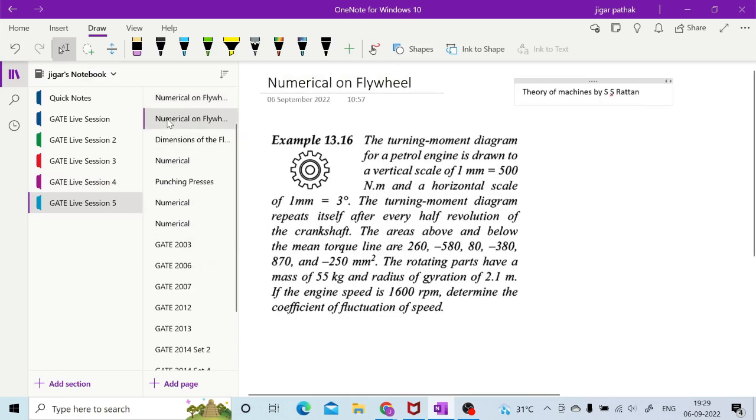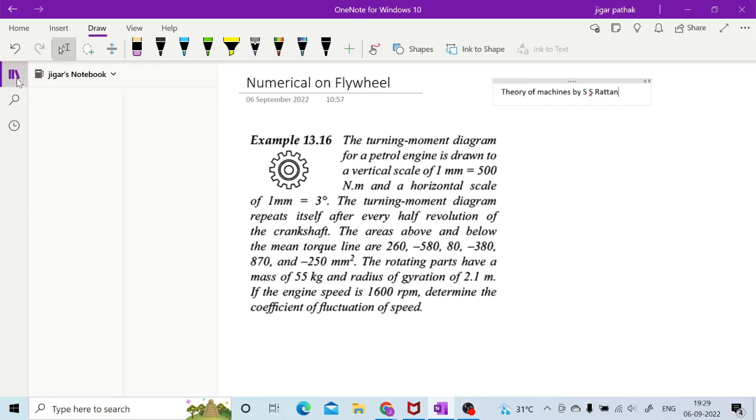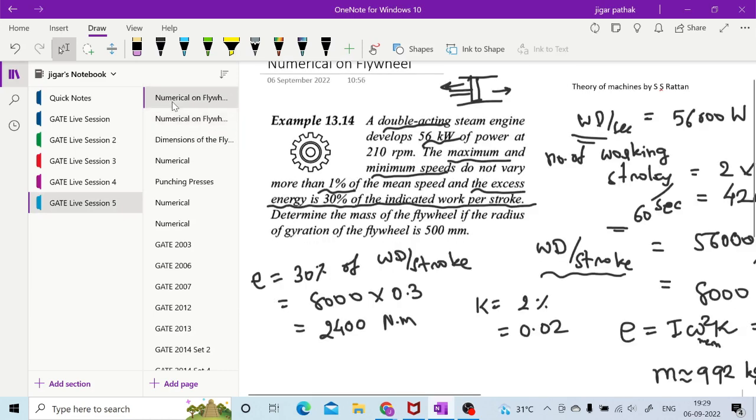Sir, can you explain when we have to take the coefficient of fluctuation of speed as 2% since it is about the mean, and when we have to take 1%? See, if they have provided 0.5% on both sides, then you have to go for 1%, because you have to multiply it by 2, since it can go on both sides.